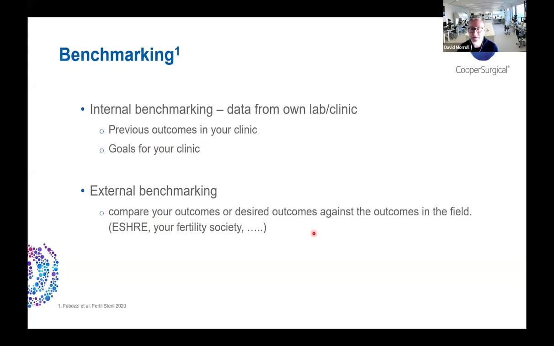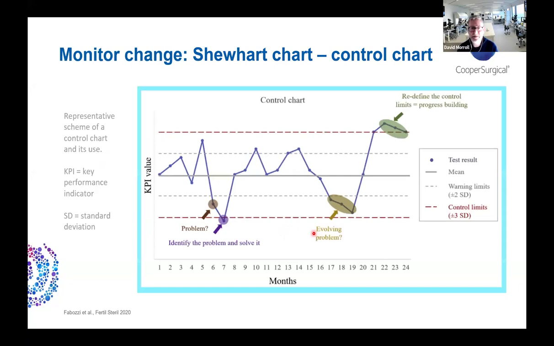Now, when you've got your data, you want to be able to analyze it in some way, and the fairly consistent way that we suggest doing that is to do it in a control chart. So this is looking at historical data and plotting the mean of monthly results, plus or minus 2 and 3 standard deviations. You can do that in an Excel spreadsheet very easily.